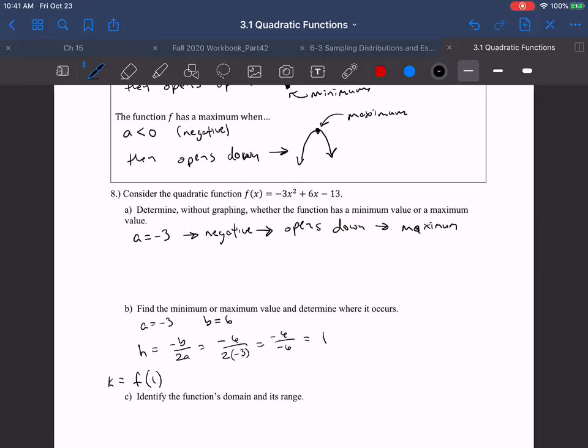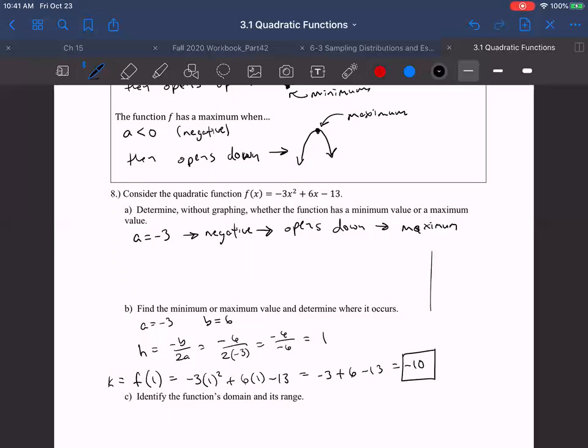So we're going to do F of 1, and that's going to be negative 3 times 1 squared plus 6 times 1 minus 13. So negative 3 times, well, 1 squared is 1, so negative 3 times 1 is negative 3, plus 6 times 1 is 6, minus 13. So this is going to be negative 10. So the maximum value that we'll end up getting is that negative 10.